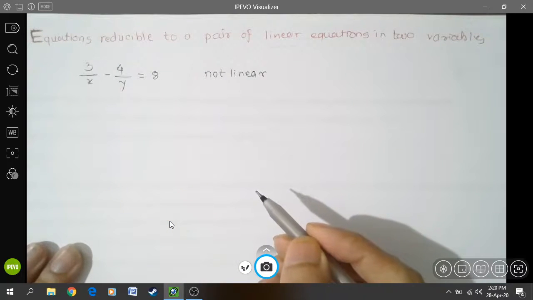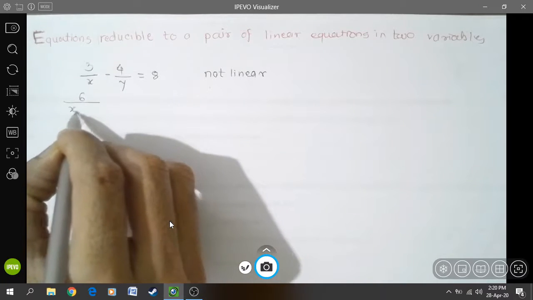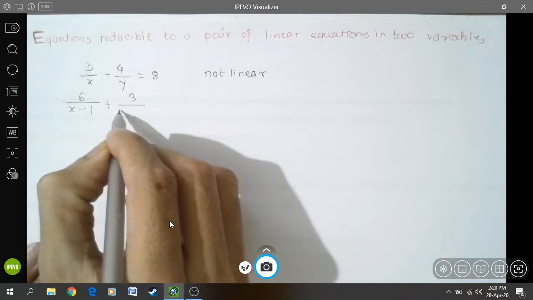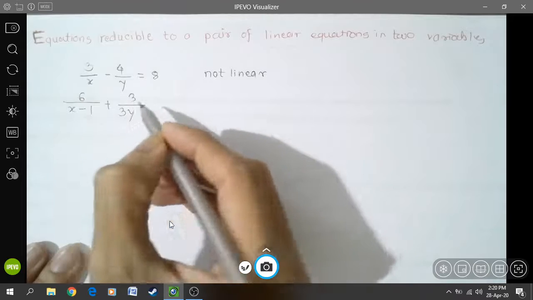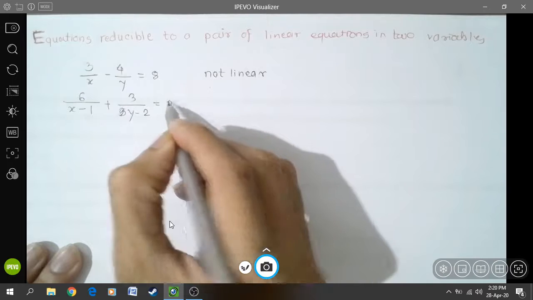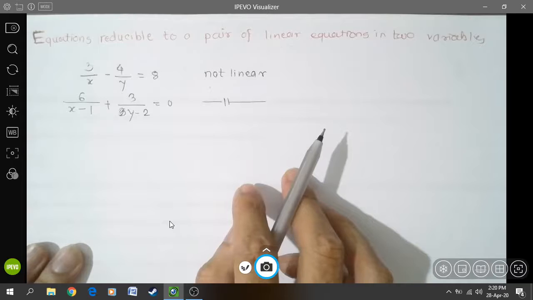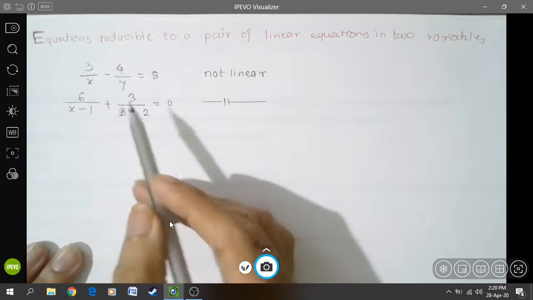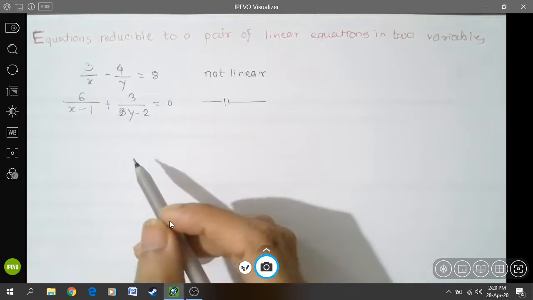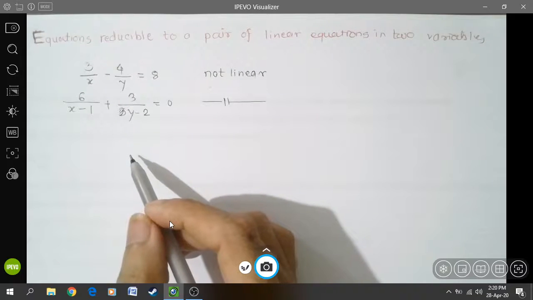Similarly, another example, 6 upon x minus 1 plus 3 upon y minus 2 is equal to 0. This is also not a linear equation because it does not have the degree 1.